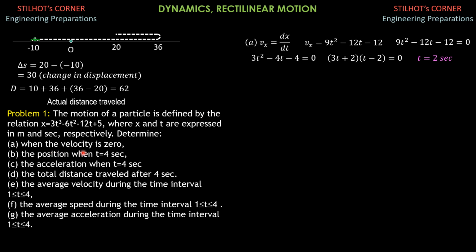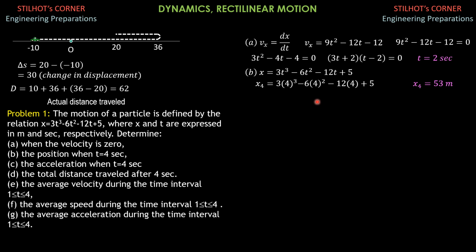Then for B, the position when t is 4, we simply substitute t is 4 into the relation for x. So x sub 4 equals 3 times 4 cubed minus 6 times 4 squared minus 12 times 4 plus 5, and that is equal to 53 meters.